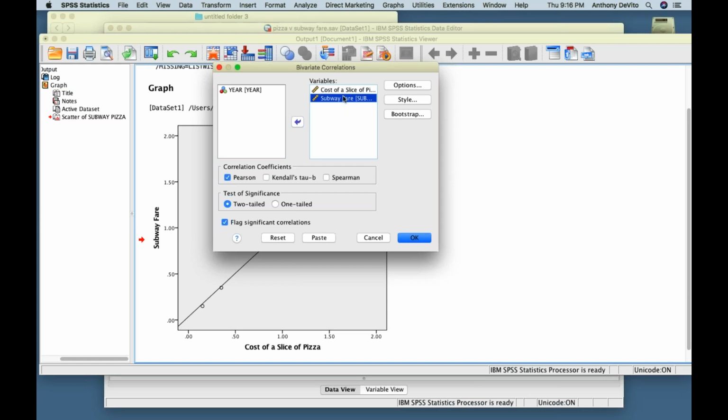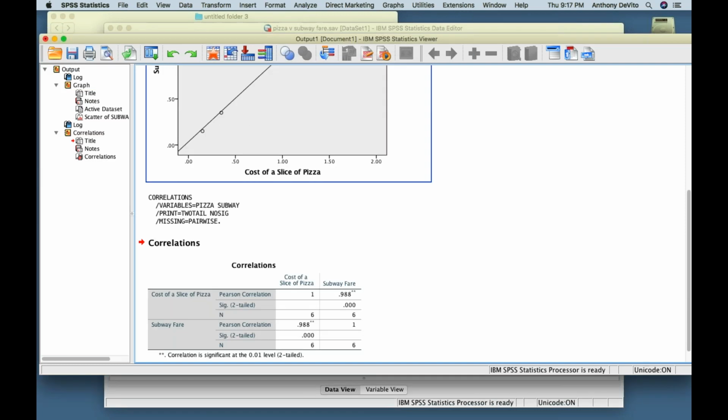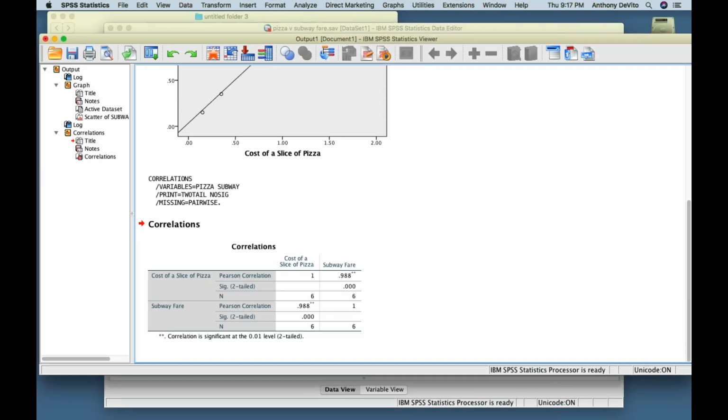Now that we have two variables listed here, we can go ahead with the analysis on two numerical variables, or scalar variables, as SPSS calls them. There are different kinds of correlation evaluations I could use, but for the most part, we're going to be sticking with Pearson's correlation. So I'm going to click OK, and it's going to do that calculation for us.